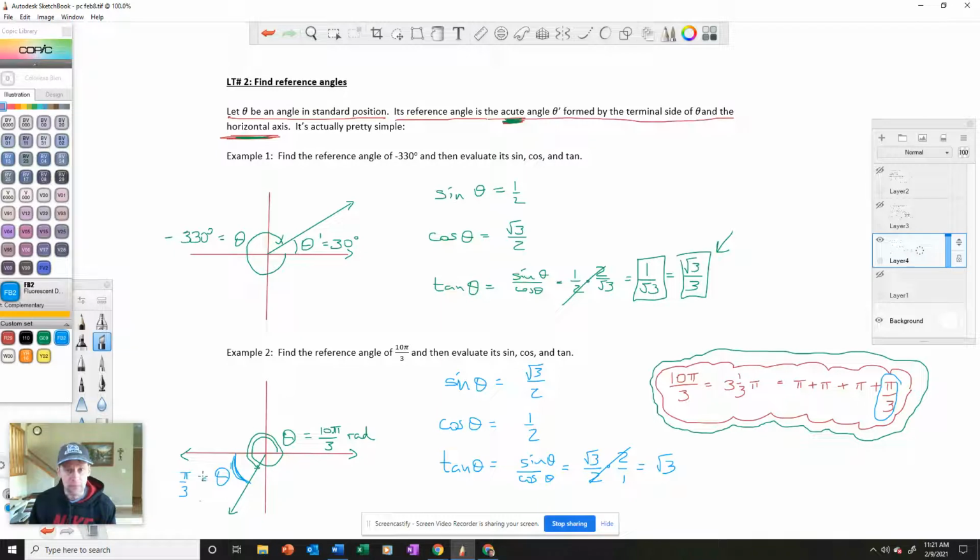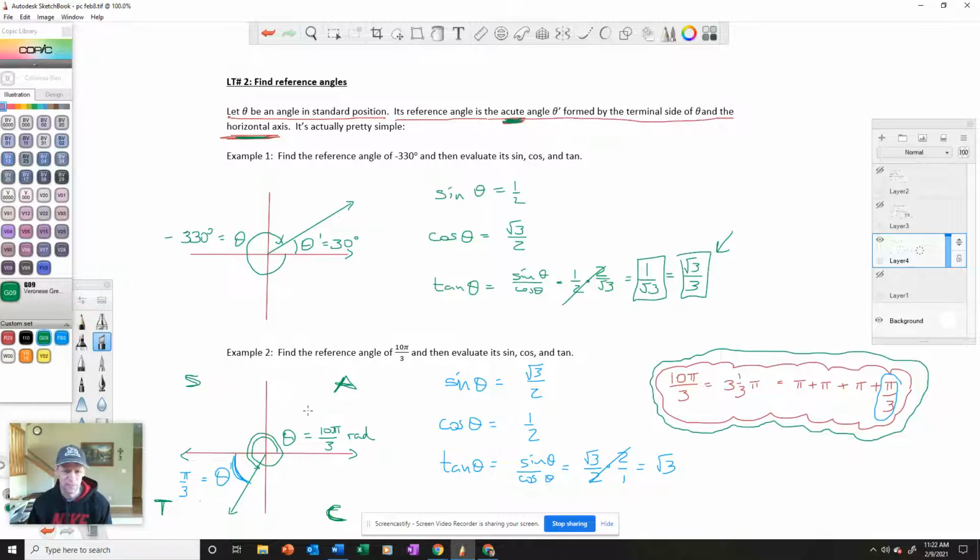Okay. However, now there's one more thing you have to consider. So we got the absolute value of the values of those, but there's one little thing you need to consider. You guys remember that all students take calculus? In other words, in the first quadrant, all of the ratios are always positive. And my first example was in the first quadrant, so everything was positive.